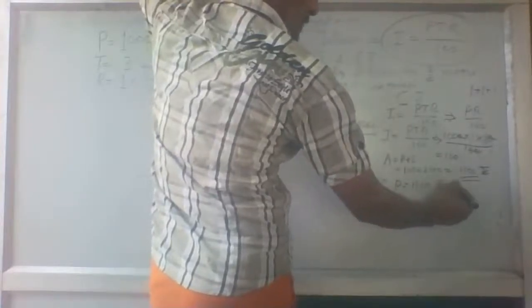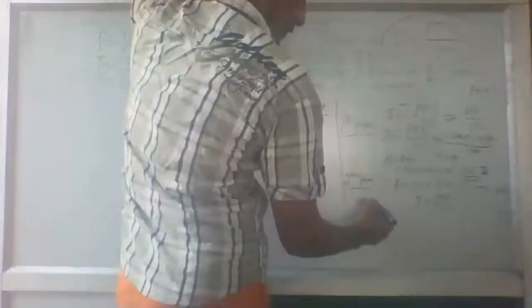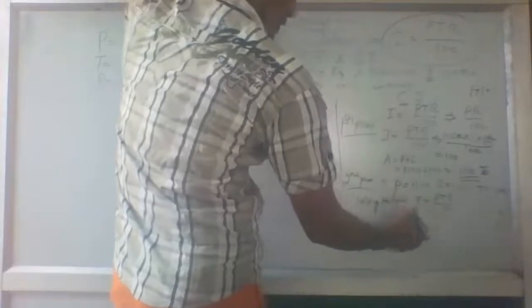Principal is equal to 1100 rupees, rate is equal to 10%, time is equal to 1 year. You have to mention it. And again, you have to write interest is equal to PTR upon 100, using the formula.